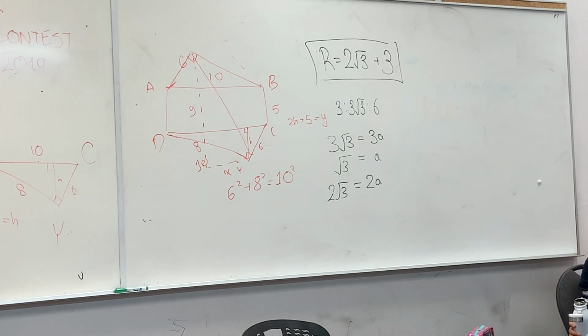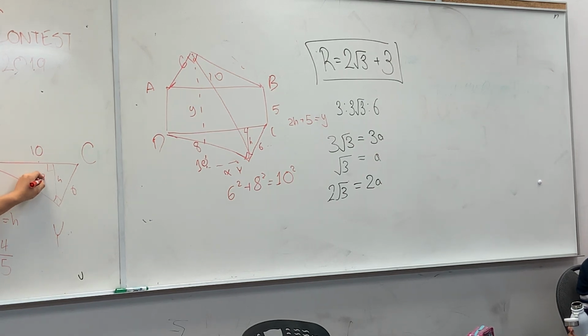What's 8 times 6? So we know h is 24 over 5. Okay. So that immediately gives us what that y part is, right?